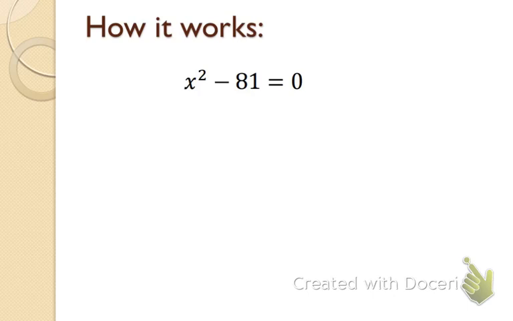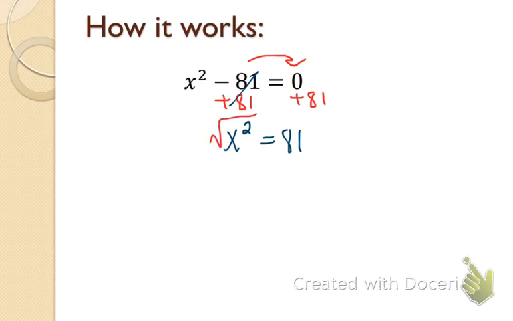We start with 81. Move the 81 over by adding it to the other side. And we have x squared is equal to 81. And again, get rid of this exponent of 2, the power of 2. How do you get rid of the power of 2? How do you cancel it out? Well, by using the inverse, the opposite, which is the square root.